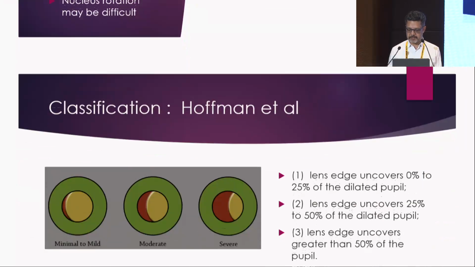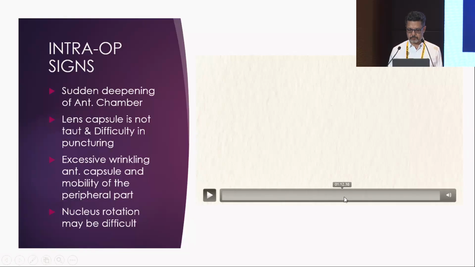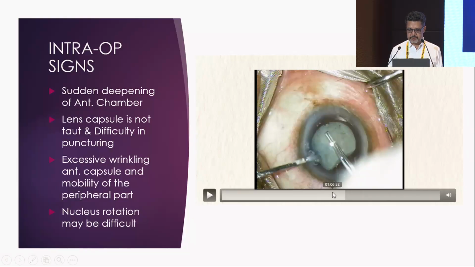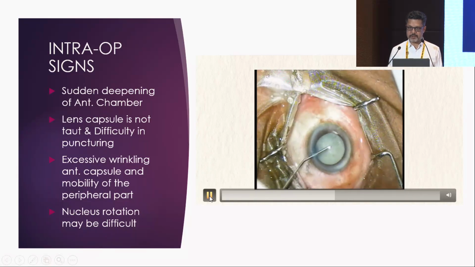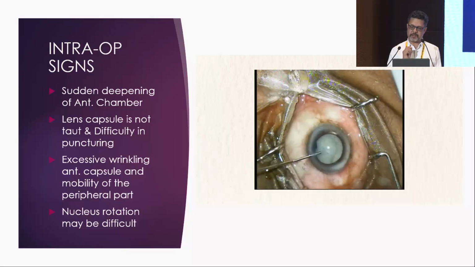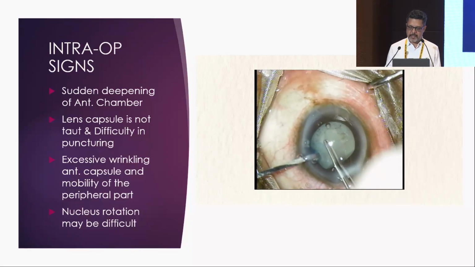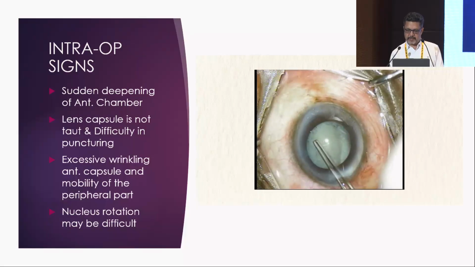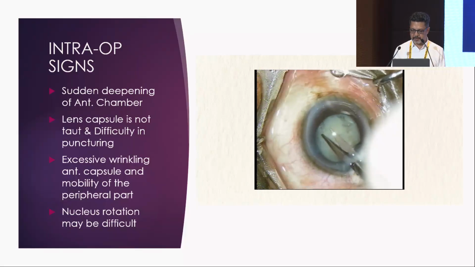This is another case I want to highlight. The capsulorhexis becomes most difficult. The first puncture may become difficult, you will have to penetrate with a straight needle, and Utrata forceps help a lot. You can see here there is a movement of the entire peripheral capsular bag.